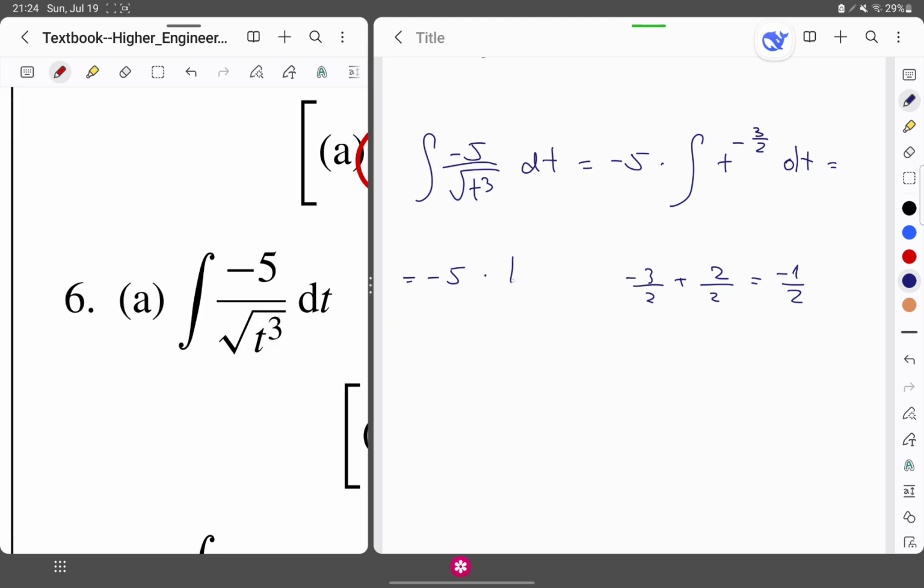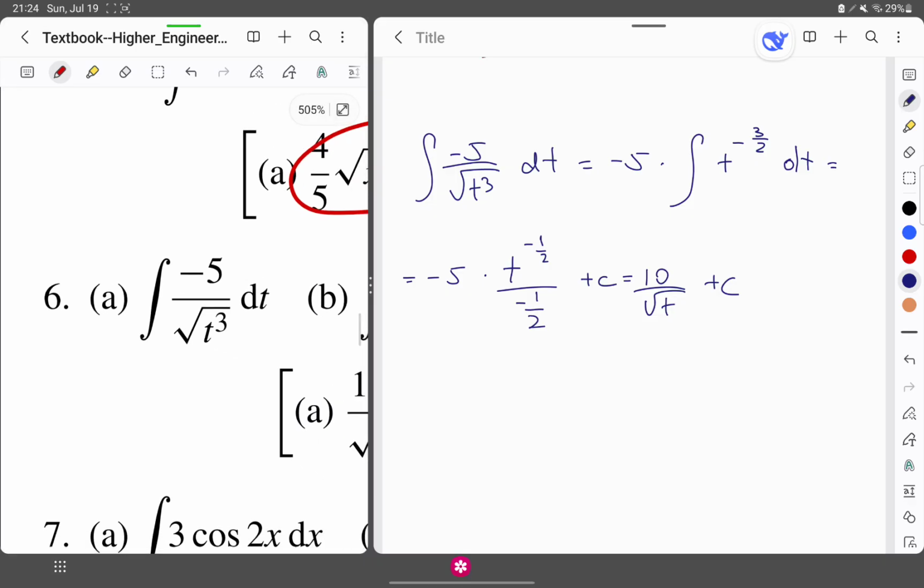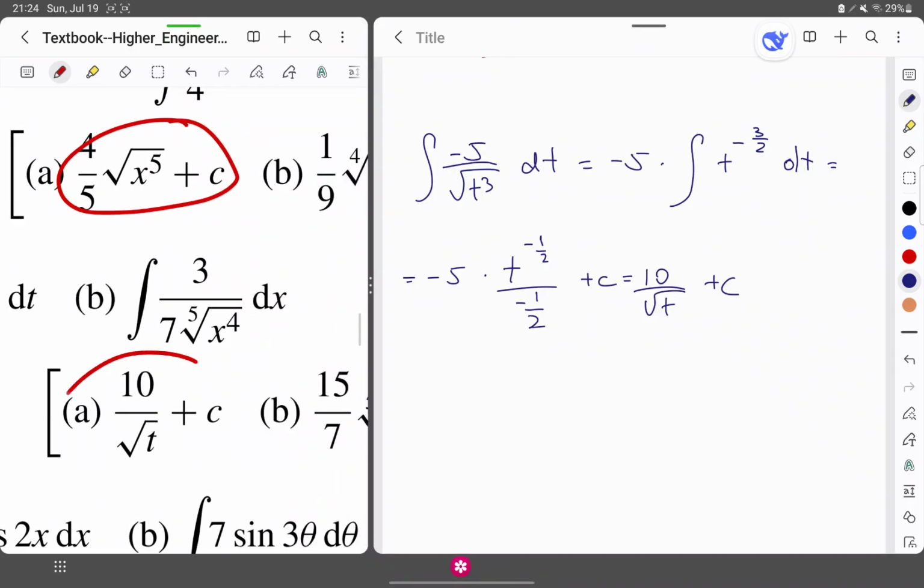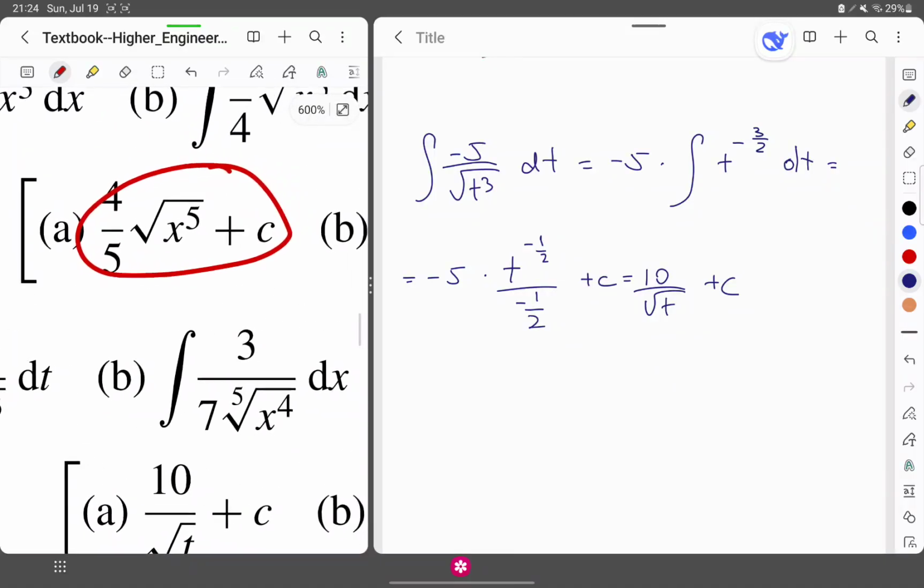Yes, t to the power of negative 1 over 2 plus c. Negative 5 times that will be positive 10 over square root of t plus c. Is that true? Yes, that's true. So what about this one?